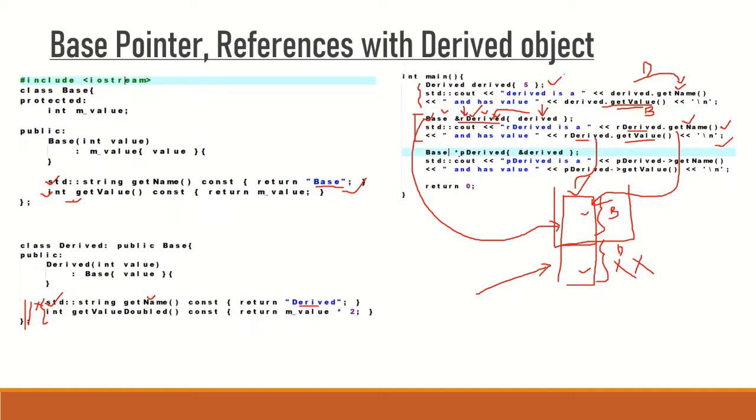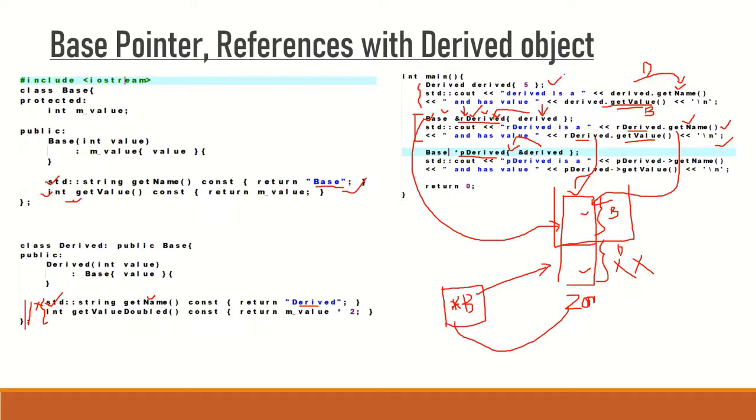Next, we have created a base class pointer and we are assigning the address of the derived class object to it. Suppose we are creating a pointer of the base class here, and the base class pointer is pointing to a derived class object. Suppose the derived class object has the memory block 2000.